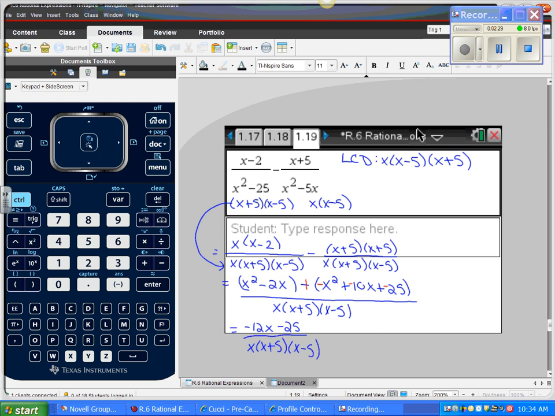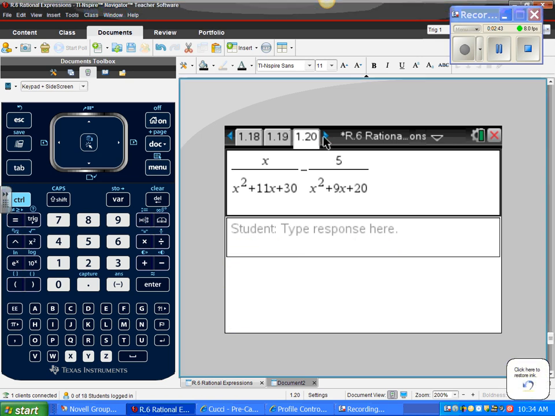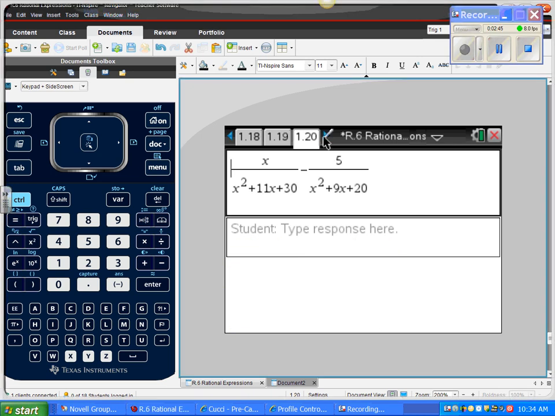Okay? All right, let's go on to the next page. Okay, so let's try another. Again, we have to get a common denominator. All right, so we start by factoring. x plus 6, x plus 5.